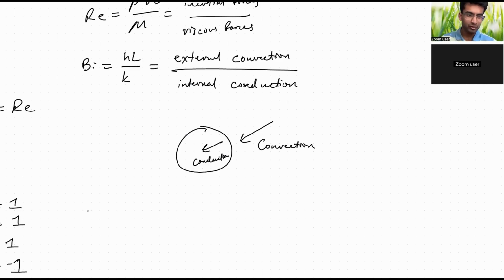And one of the great assumptions you can make with a low Bi number is that the temperature profile throughout the solid is uniform. Basically, there's no temperature profile. Whatever the temperature of the surface is, you can assume roughly to be the same in the center, because the heat transfer limiting step is the convection.